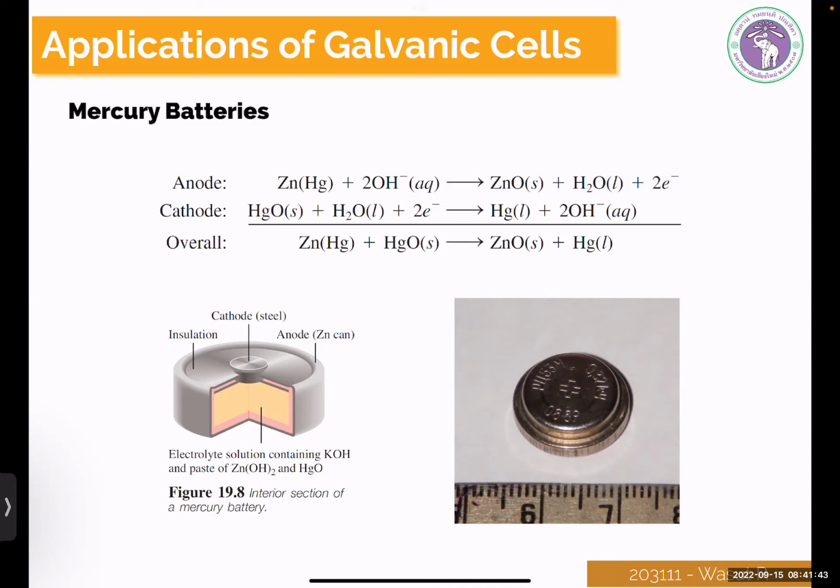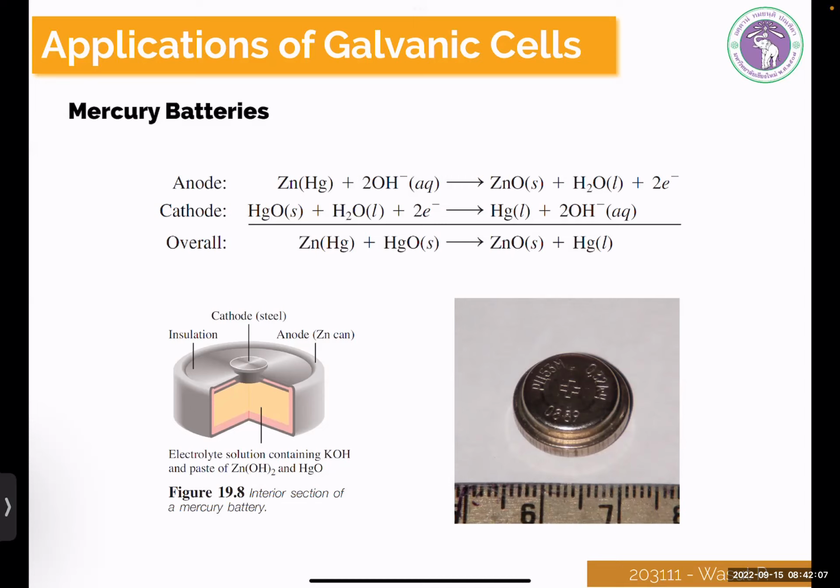In which device? In your watches, right? Your watches, in the remote controls, or in some car keys nowadays, right? They use this type of battery.